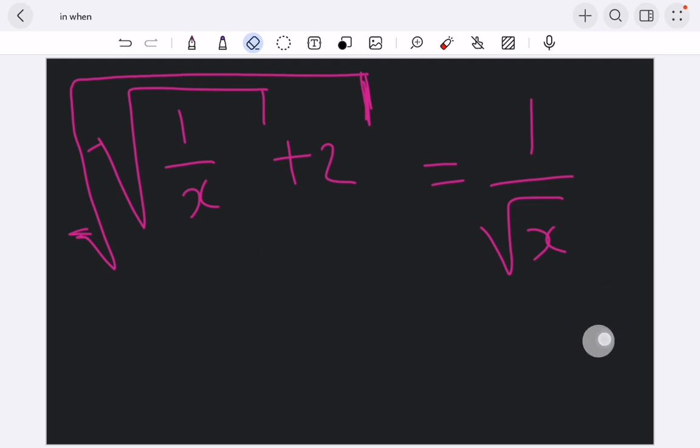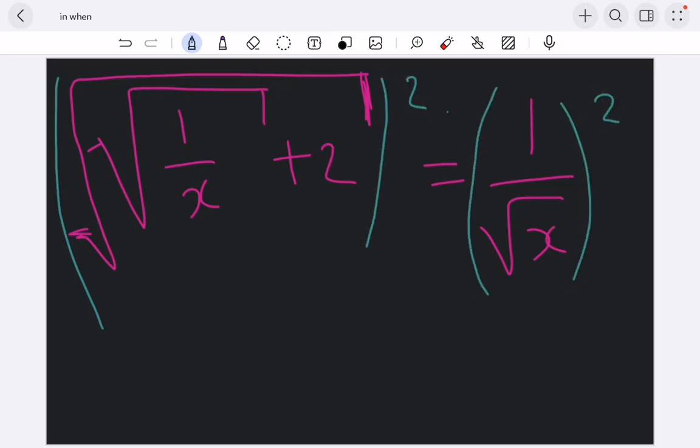Okay guys, this is extremely easy, and it's a 5-mark question, so it's easy marks. Okay, so you're going to square both sides so that we can get rid of the outer radical, right? So when you square both sides, I'm going to put a bigger bracket here and then square. What you do on the left, you do on the right, so that the equation keeps balance.